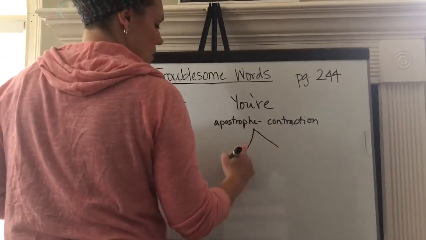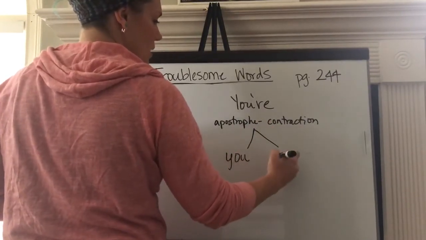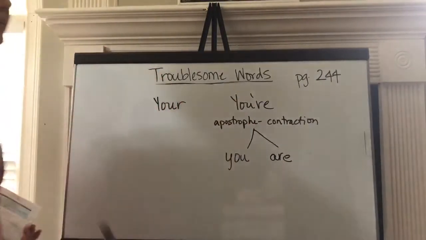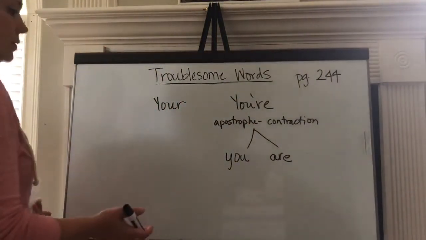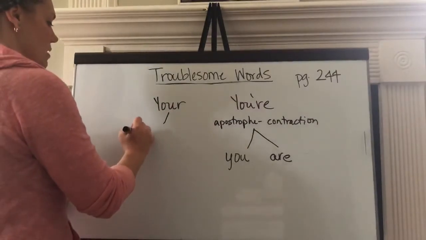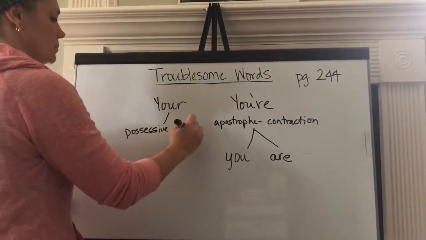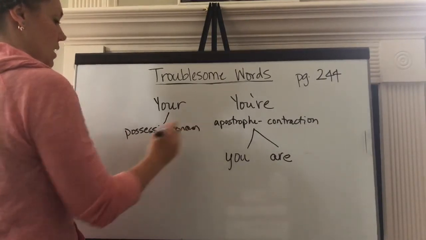So these are the two words "you" and "are" joined together with an apostrophe, making the contraction you're, okay? This one is the possessive pronoun.